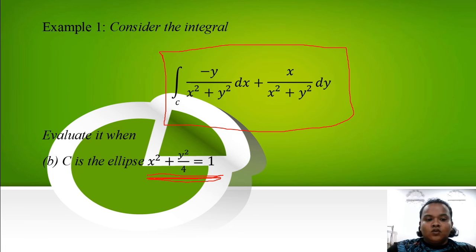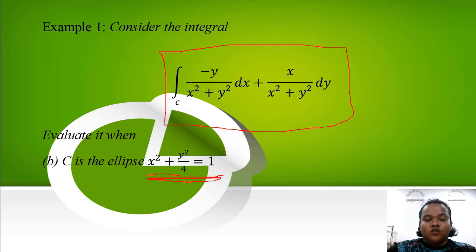In between the two curves bound some region D. Notice that on D, our P and Q are differentiable. The only problem point was the origin, which D avoid.